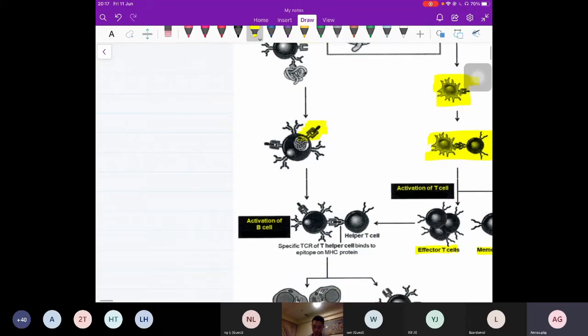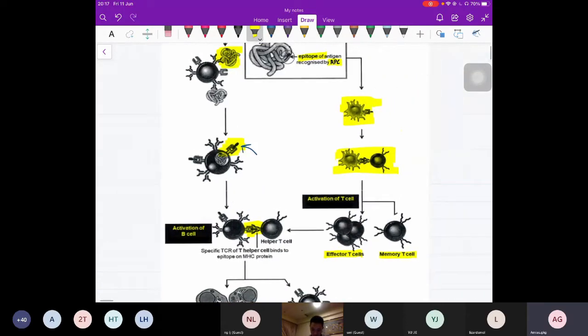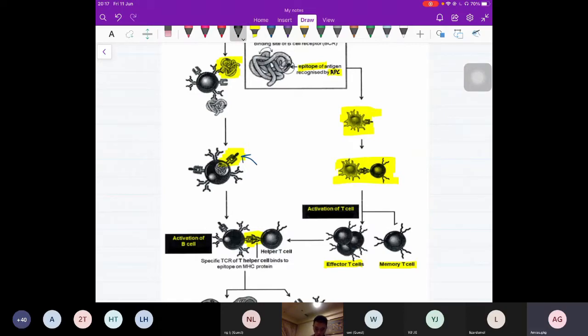Your second step is where this exact same peptide MHC complex gets recognized by your helper T cells. So if you think about it, the peptide MHC complex on your naive B cell after the first stage of activation is the exact same peptide MHC complex as the one on the APC.